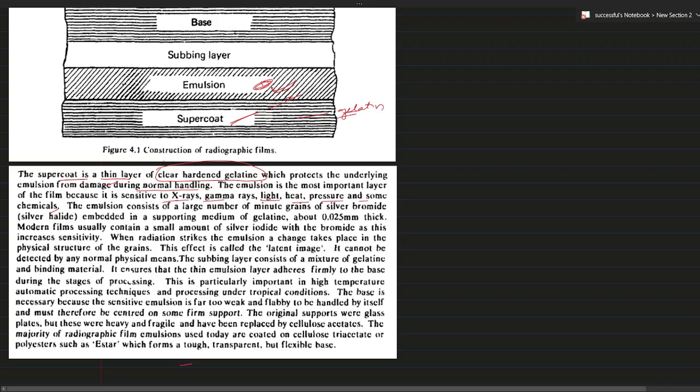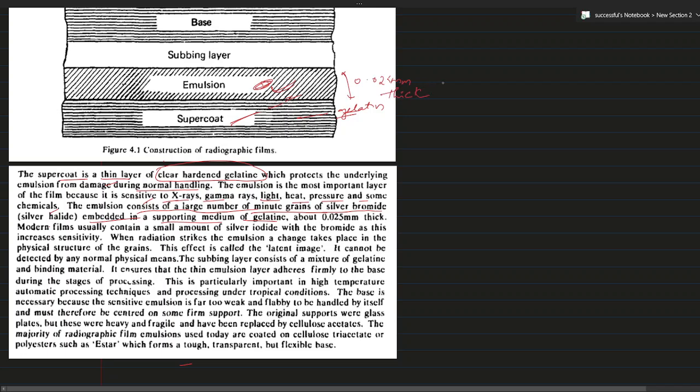The emulsion consists of a large number of minute grains of silver bromide, silver halide, embedded in a supporting medium of gelatin about 0.025 mm thickness. We told, right, this emulsion is 0.025 mm thick.